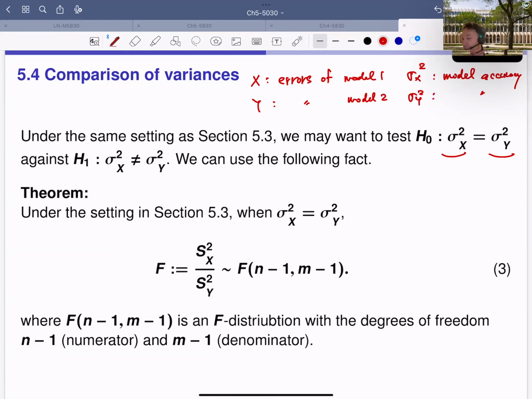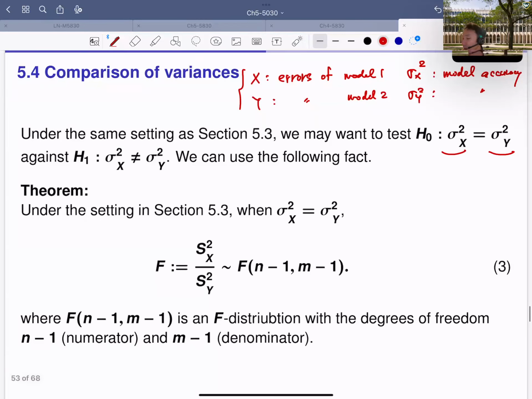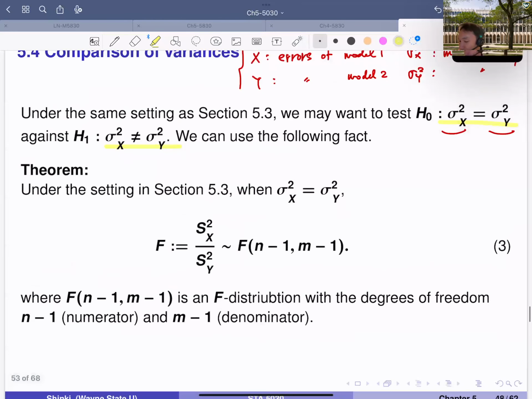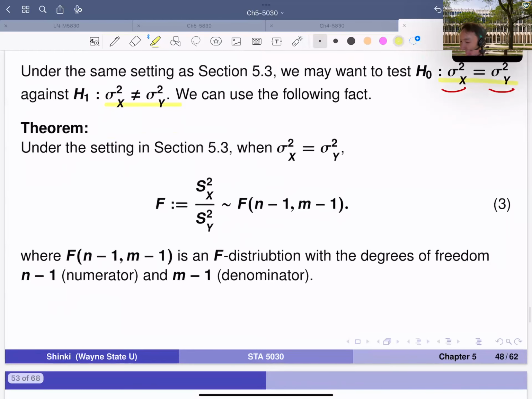So this test is often used to compare two different statistical models. The null hypothesis is sigma x squared equals sigma y squared, and the alternative is not. The one-sided test is also possible, but so far we ignore it.